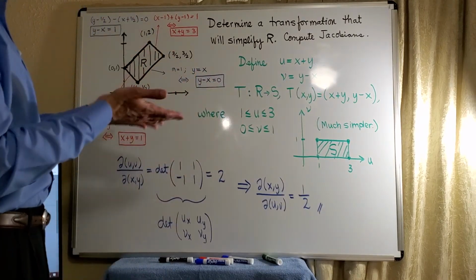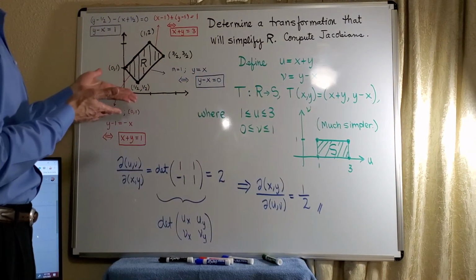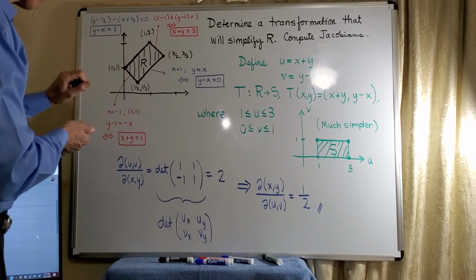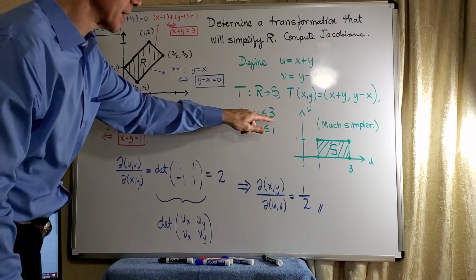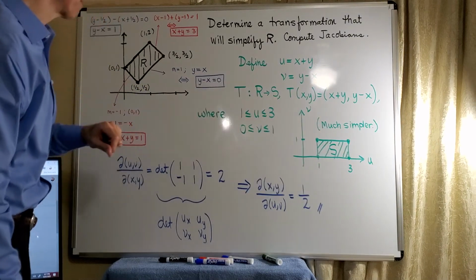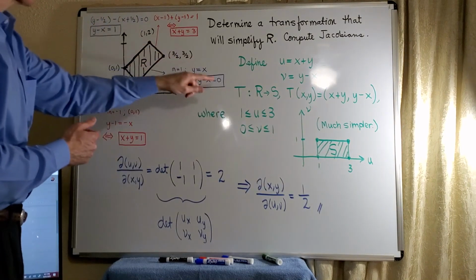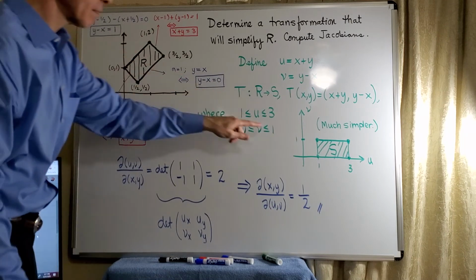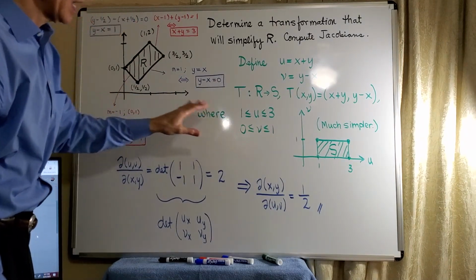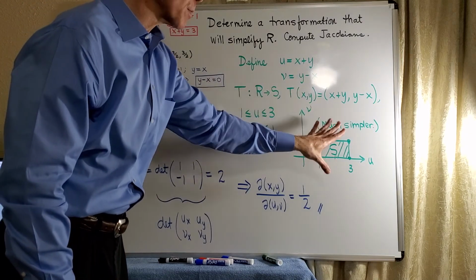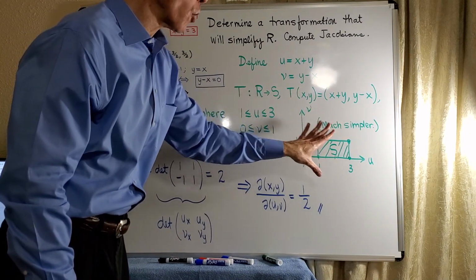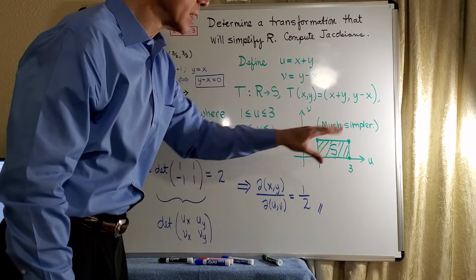Now, the beauty of all of these boxes here is that we see that the u runs from 1 to 3, giving this compound inequality, and the v runs from 0 to 1, giving us this inequality. So this automatically gives us our representation of S in the UV plane.